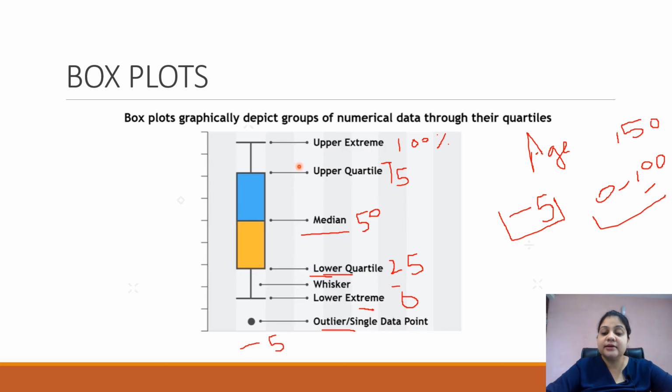Similarly, if I'm talking about age 150, we hardly have any people, very, very rare people, who have survived till the age of 150, and this will also be considered an outlier, beyond the upper extreme of the data. This kind of data is very important, and we use box plots if we have a wide spread of data and want to analyze outliers easily.